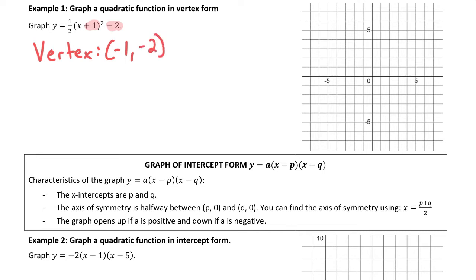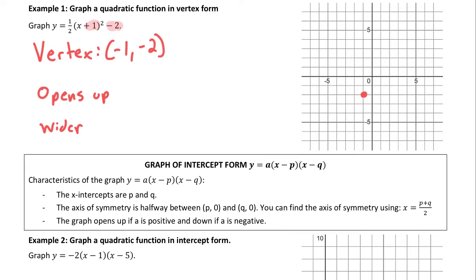That vertex is the opposite value of the number being added or subtracted from x, and then the same value as the number being added or subtracted on the end. So that's the first thing we know. Another thing we know is that it opens up, and it's going to be wider than our parent function. So those are some key features. The first thing I'm going to graph is our vertex, negative 1, negative 2.